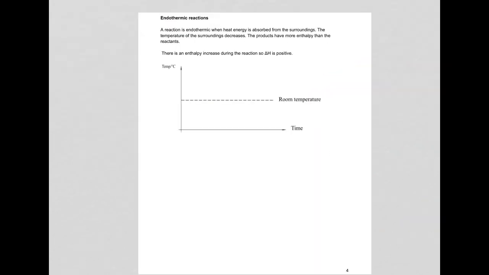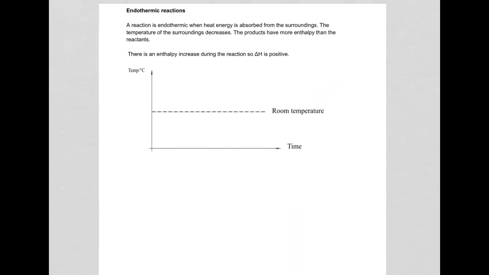Now, if we consider endothermic reactions, this is when heat is absorbed from the surroundings. One example is photosynthesis, where energy from the surroundings is absorbed by the leaves to be used to make chemical energy, that is the food.